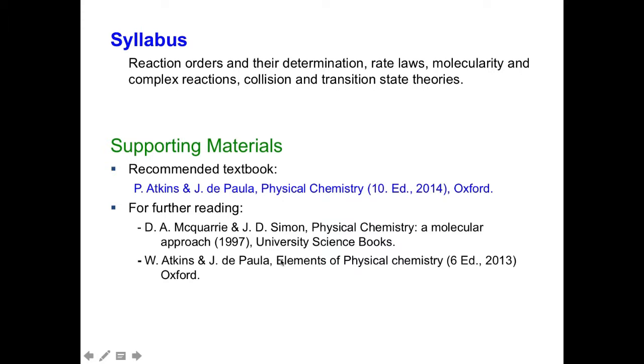And this other book is Elements of Physical Chemistry. It's at another level, not such a high level as McQuarrie, but it gives some useful insights into kinetics. By the way, this W is perhaps a P, so I need to check this, and you can check too.